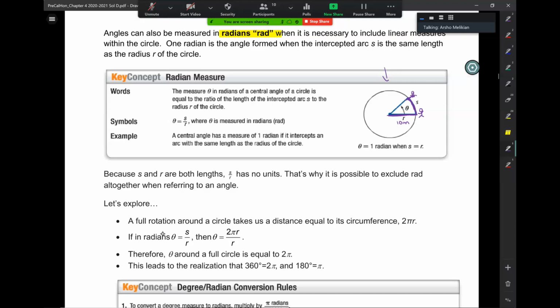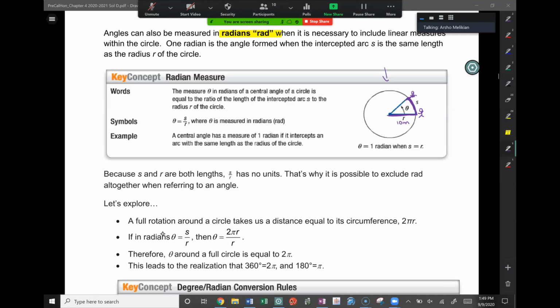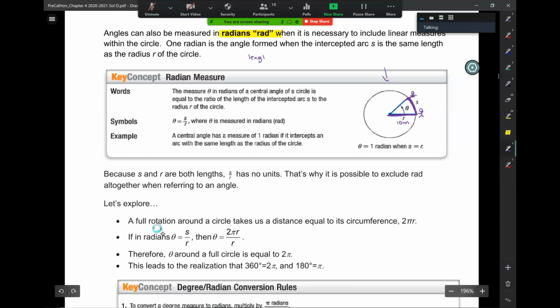Okay? Now, you have walked a length of 10 meters, right? So now if we were to take a ratio of the length that you have walked, we're going to call that S, over the radius R, right? You walked 10 meters. The radius is 10 meters.